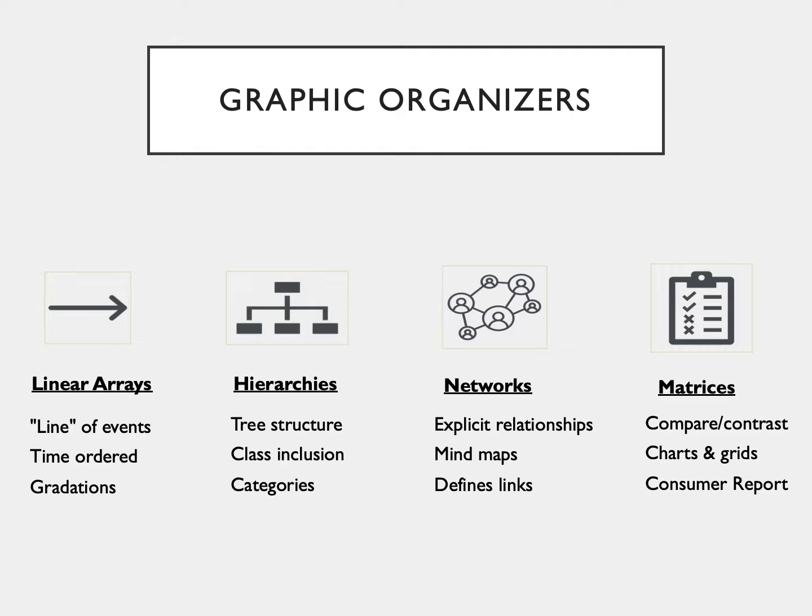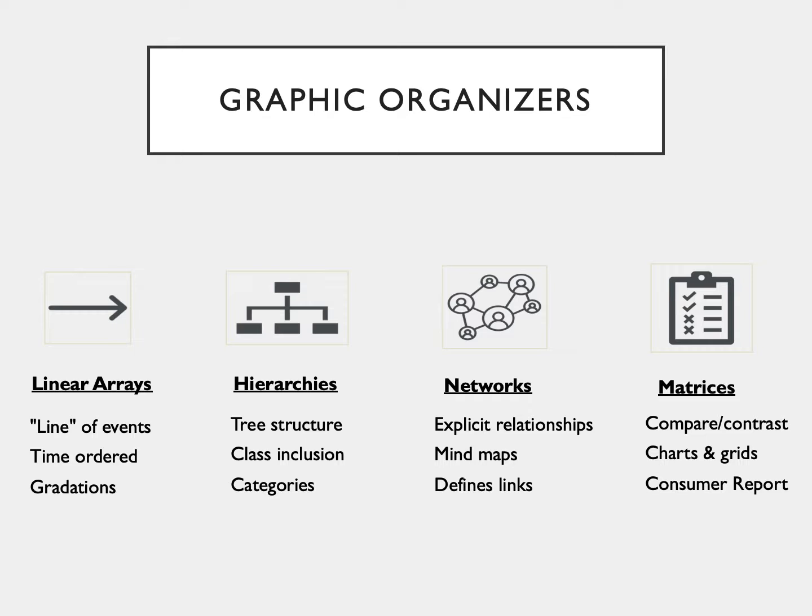Lastly, matrices. Unfortunately, there was no great icon for this, so I used what looks like a checklist. In reality, matrices look more like grids. Matrices are useful when there's a judgment to make about a product or a course of action that differ among multiple dimensions.